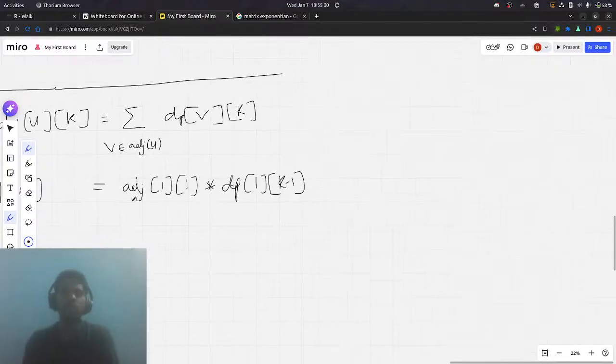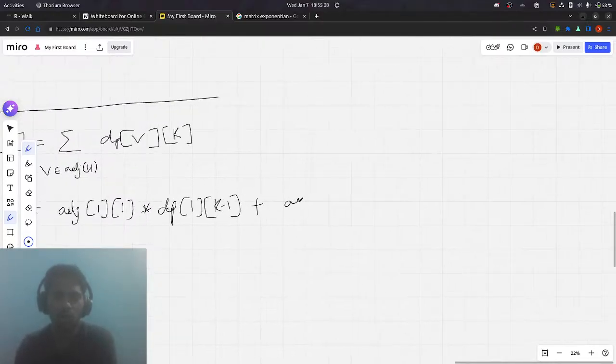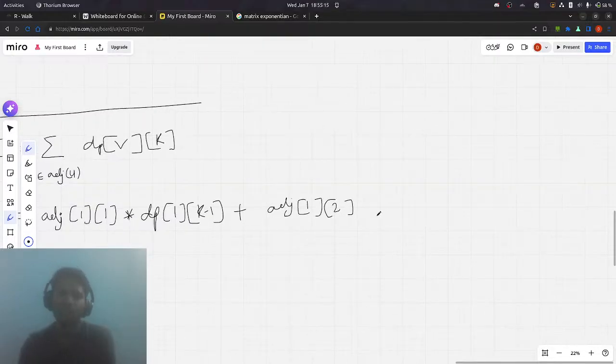Since there is no self loop, it will be 0 and this term itself will have no meaning, but for expansion's sake I am writing this. Similarly, from 1 to 2, is there any edge?